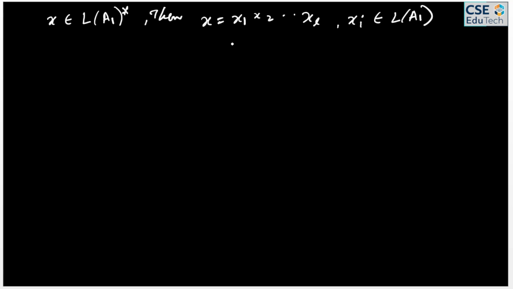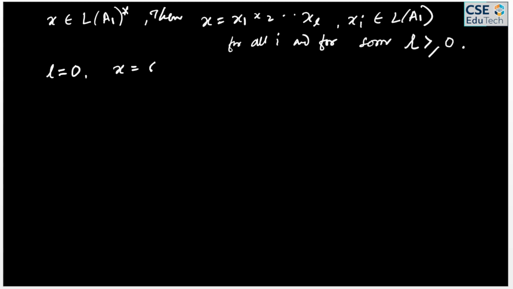This holds for all i and for some l greater than or equal to 0. Now if l equals 0, that means x is the string of length 0, so x is equal to epsilon.